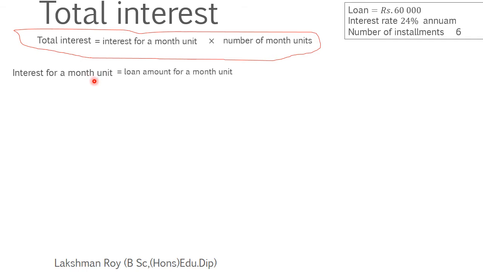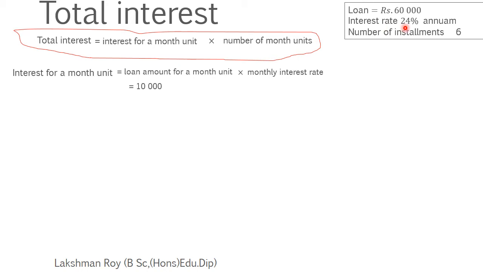Here you can see, loan amount for a month unit multiplied by the monthly interest rate gives interest for a month unit. So in our example, loan amount for a month unit, that means without interest, is 10,000 rupees. On that 10,000 rupees we should calculate our monthly interest rate.